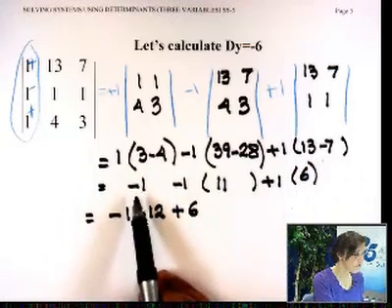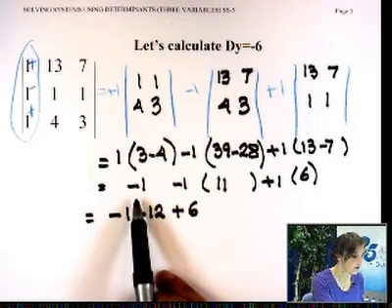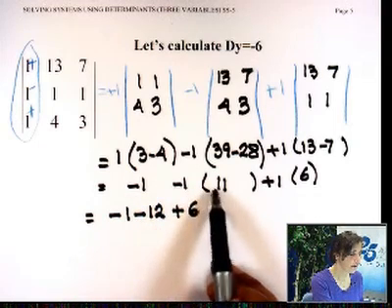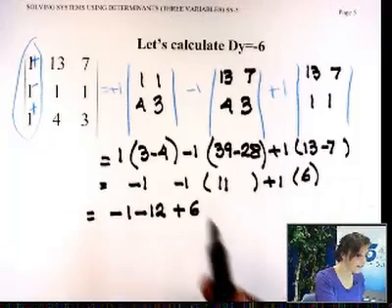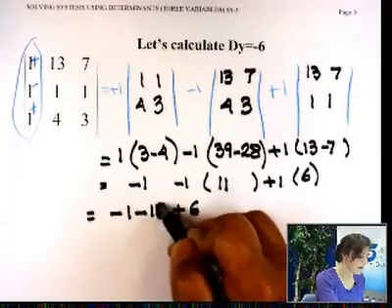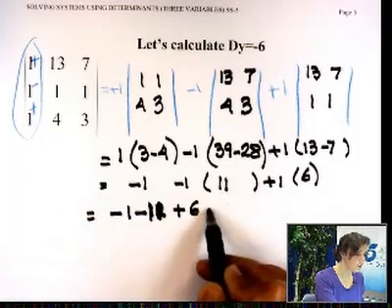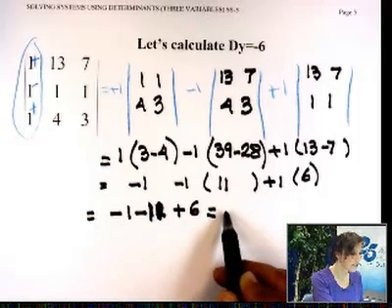So this is going to be negative 1, negative 11, plus 6. Oh, I don't know why I did that. Negative 1 times 11, that's negative 11. All right. So that's going to give me negative 11, negative 1, negative 12, plus 6. That's negative 6.